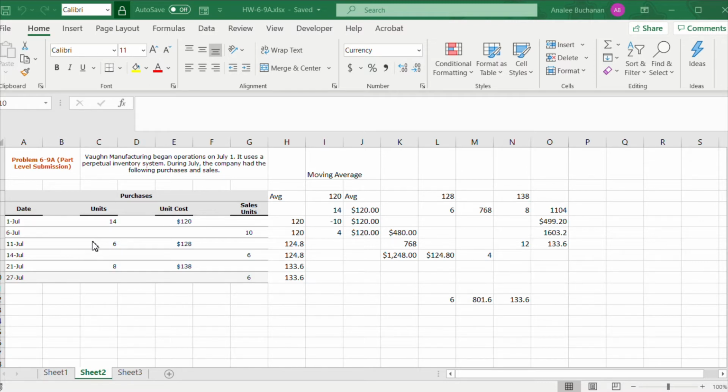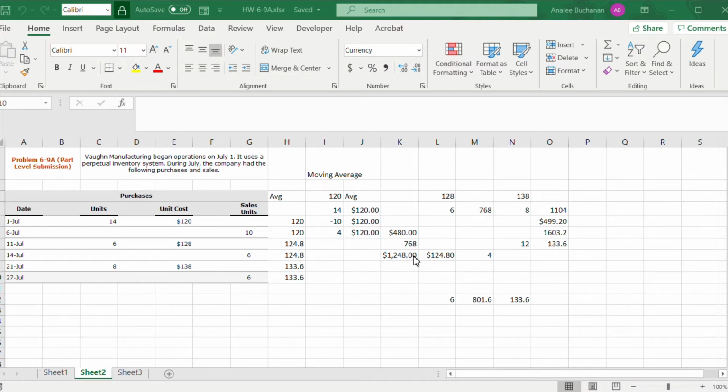And then on the 11th, we purchased 6 units at an amount of 6 times 128, and we get 768. And then we still had 4 units left at 120, so we take 4 times 120 and get 480, and we add that to the 768, we get 1,248.